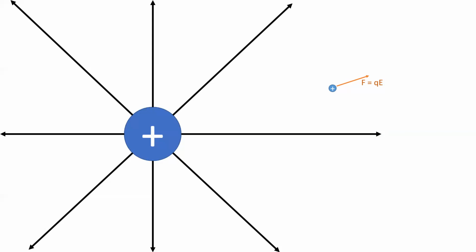And in fact, due to the presence of the electric field introduced by the first charge, the second charged object experiences a force which is given by the formula F equals qE, where small q is the charge of this new object and E is the magnitude or size or strength of the electric field produced by the first charge.